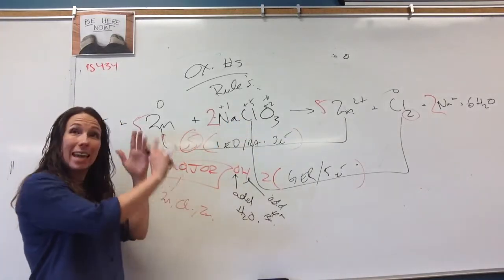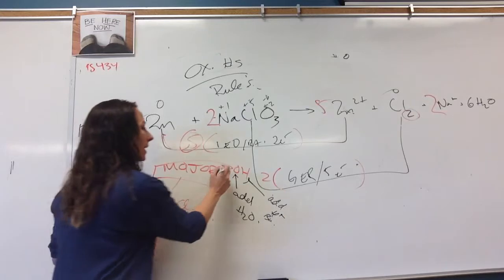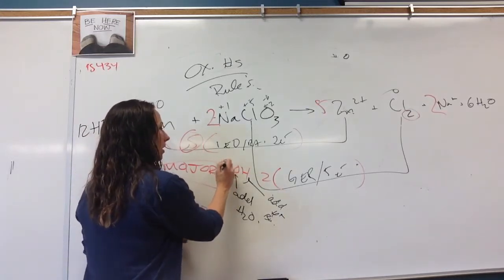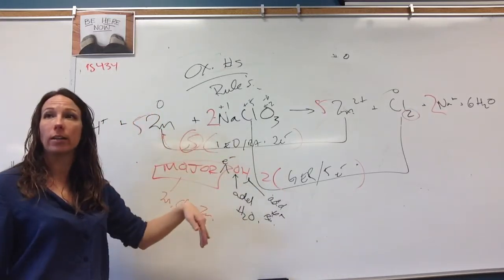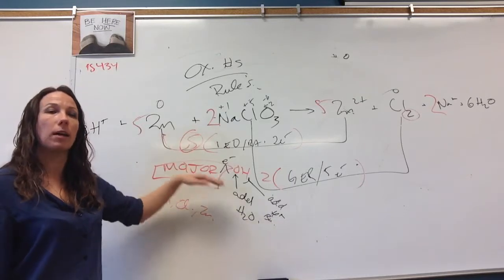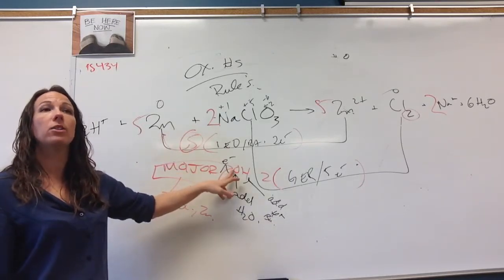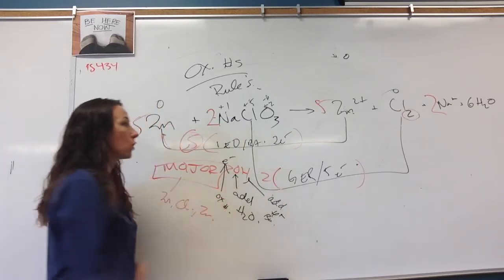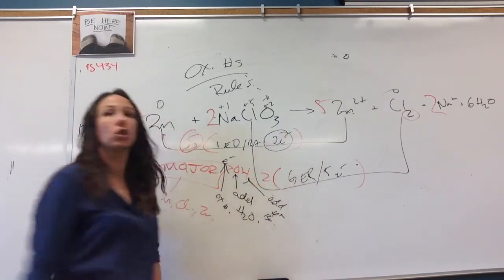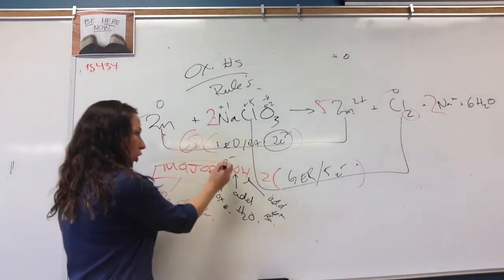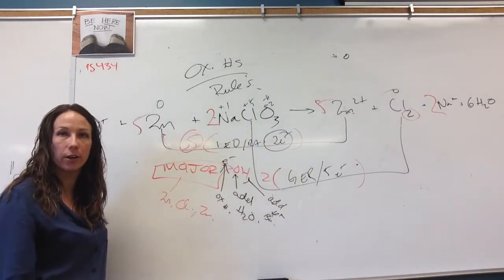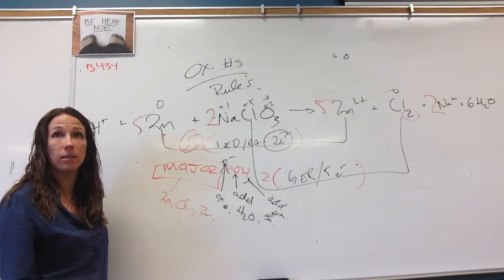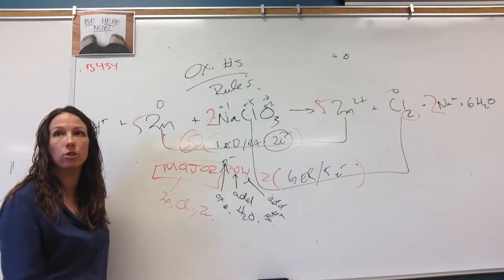You follow the same idea, but tucked into there is major EOH. So you balance your major species, then you balance your electrons based on your oxidation number. If your oxidation number says that you lost 2 electrons, you lose 2 electrons over here. Does that make sense? So major EOH.